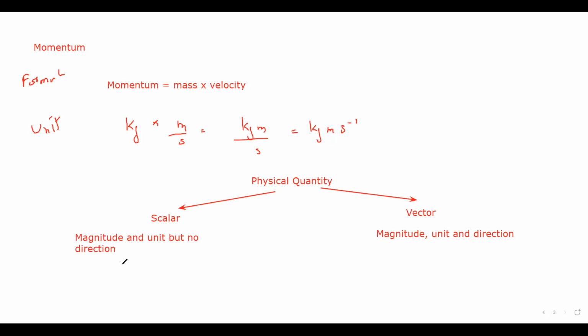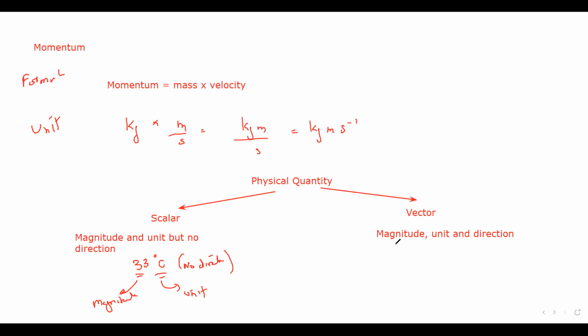For example, if I say today's temperature is 33 degrees centigrade. So this 33 is a magnitude and degree centigrade or Celsius is a unit. But I don't say in the direction of east, west, north, south, upward, downward. So there is no specific direction. That's why we call that a scalar quantity.